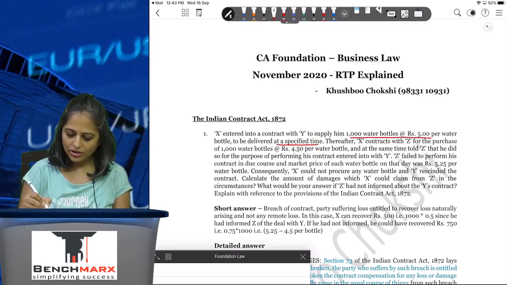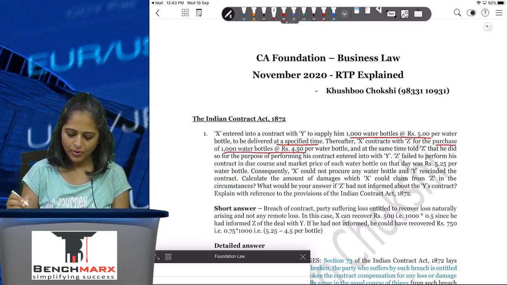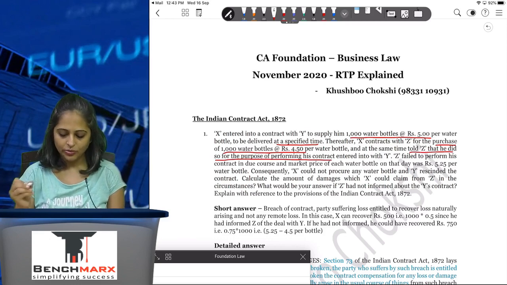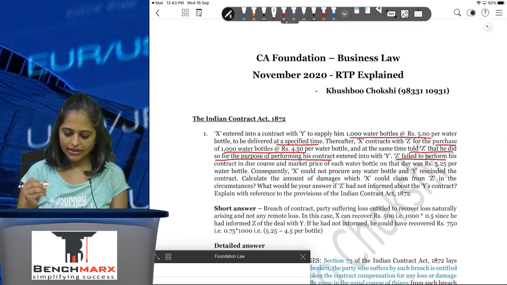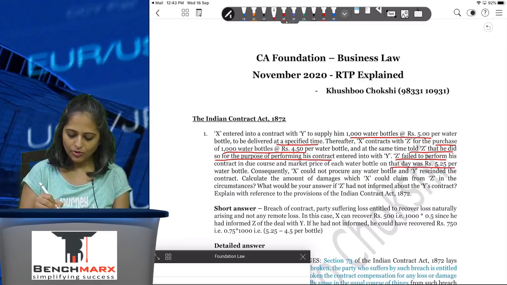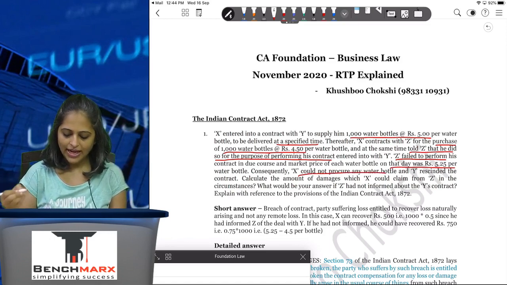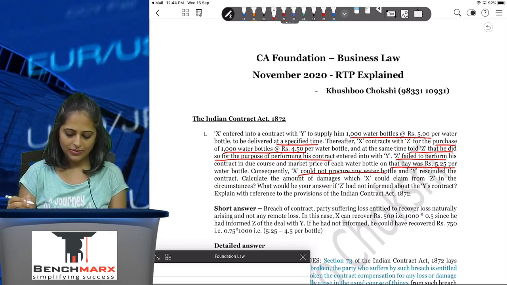Thereafter, X contracts with Z for the purchase of 1000 bottles at rupees 4.5 per bottle, and at the same time told Z that he did so for the purpose of performing his contract entered into with Y. Z failed to perform his contract in due course, and the market price of each water bottle on that day was rupees 5.25 per bottle. Consequently, X could not procure any water bottle and Y rescinded the contract. Calculate the amount of damages which X could claim from Z in the circumstances.